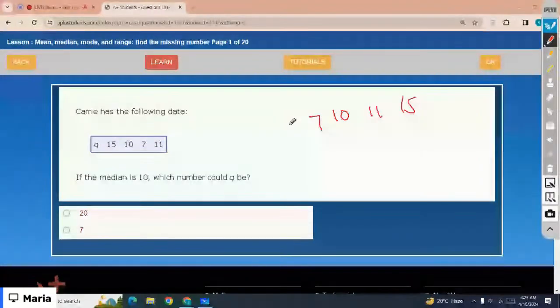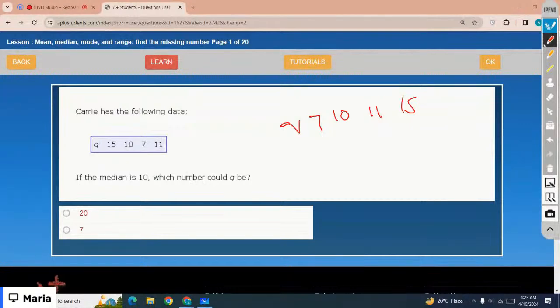So here you have Q. That means Q must be less than 10. And you have the options given, 20 and 7. So which is less than 10? 7, it is. The correct option is 7.